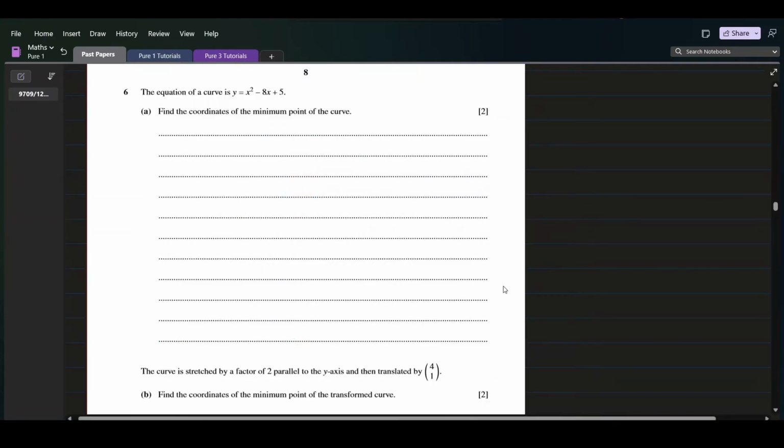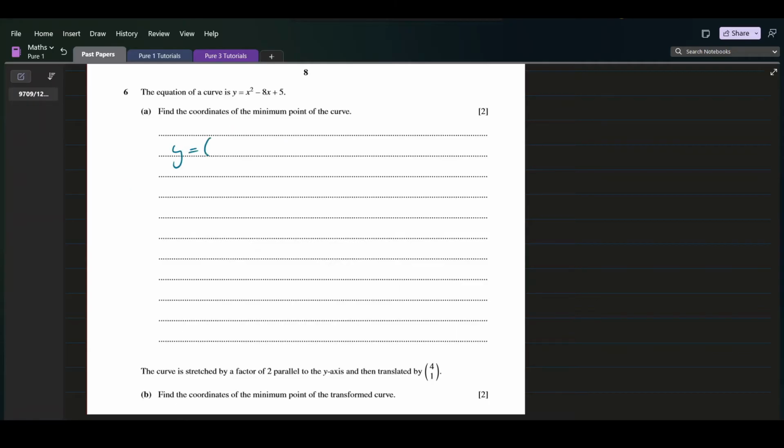Number 6. The equation of a curve is y equals x squared minus 8x plus 5. Part A. Find the coordinates of the minimum point of the curve. What we have here is a quadratic equation, and to get the minimum point or turning point of the curve, we simply have to complete the square.